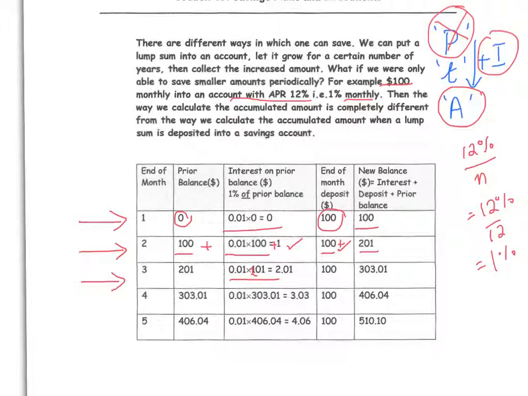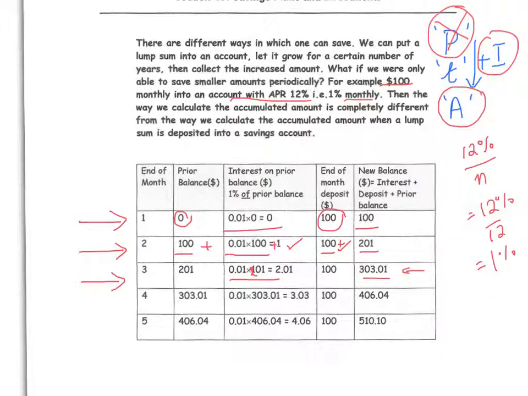So that's a typo there. So let's correct it. So we have $201. And then at the end of the month, we also have a new deposit of $100 because every month we deposit $100. So adding all the numbers in columns 2, 3, and 4, we have 303.01.